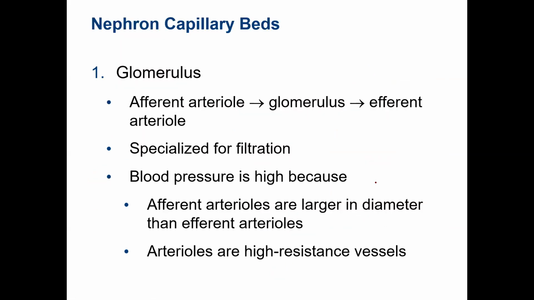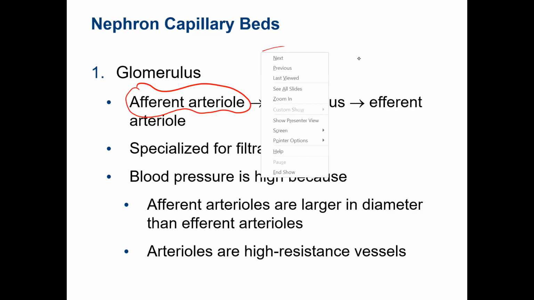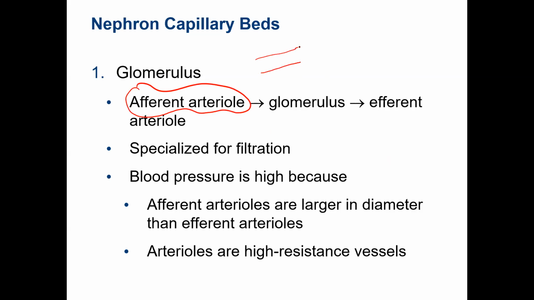The glomerulus starts with what's called an afferent arteriole. Afferent means coming in. This is the input, and then this spaghetti ball of capillary, which is expertly drawn in my illustration. And then the output, efferent. Afferent, efferent, glomerulus in between.